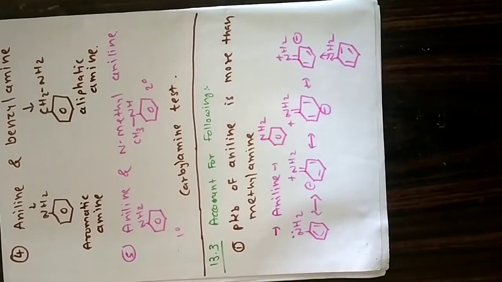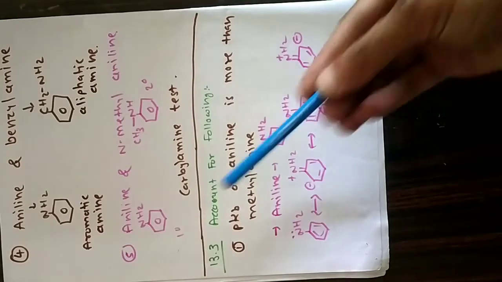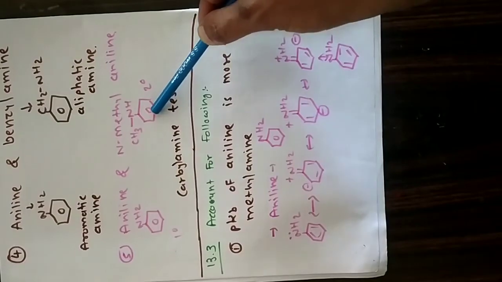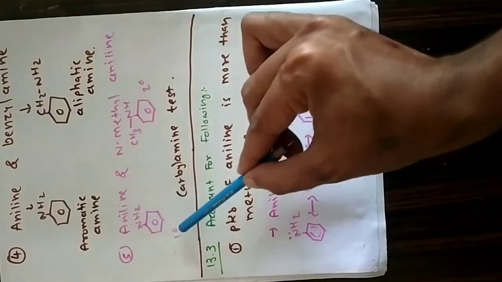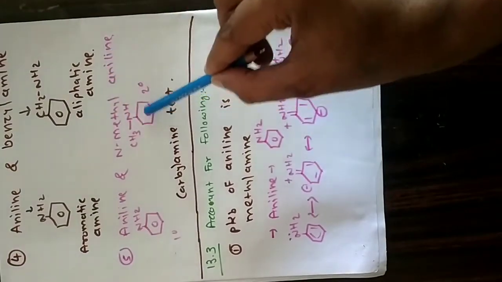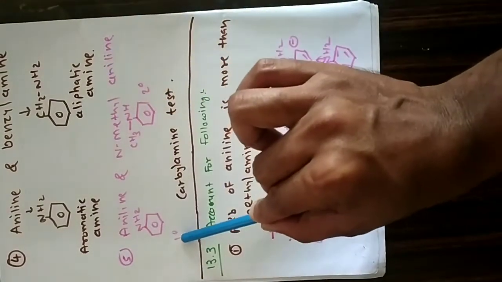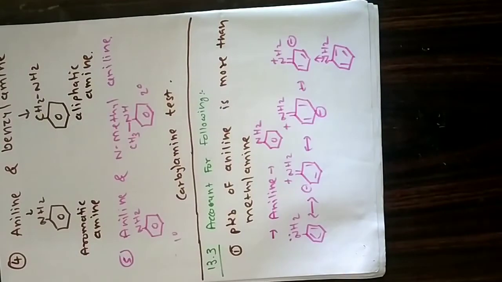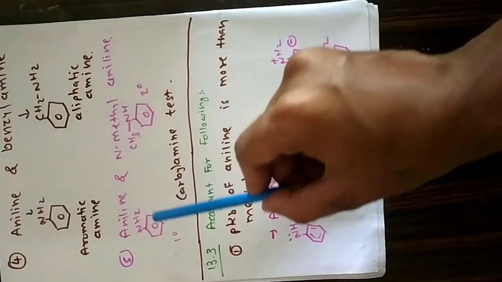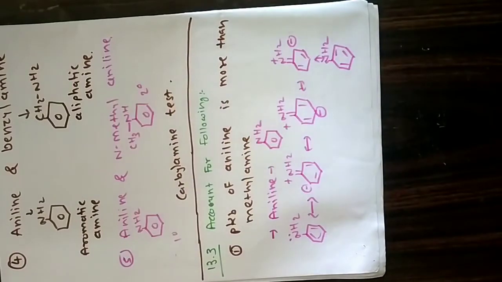The fifth one is aniline and N-methyl aniline. Now you can see this one is aniline, this one is N-methyl aniline. Aniline is a primary amine and methyl aniline is a 2 degree amine. To differentiate between these two, primary and secondary amine are there, so we can use the carbylamine test.